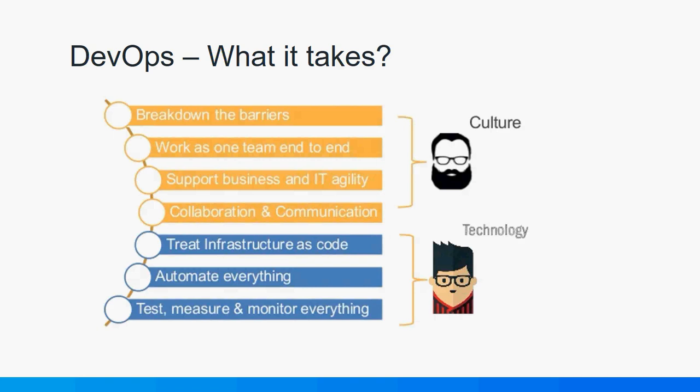The whole team should be working as one team, including project management, release, testing, the automation team, and development. Only then will the DevOps movement really happen.